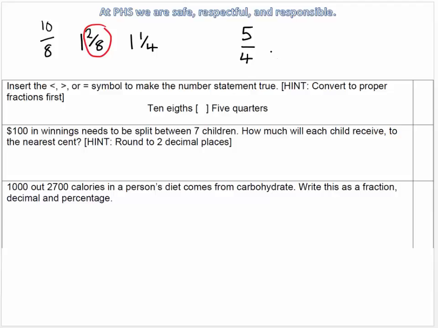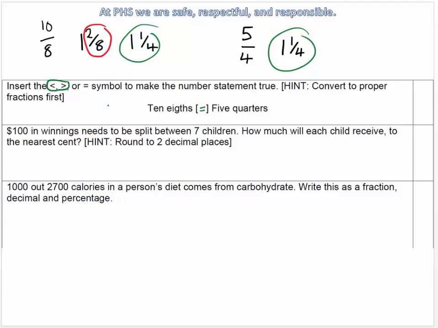Now, as a proper fraction, well, 4 goes into 5 once, with 1 remainder, and we're dividing by 4. So as you can see, these two things, well, they're equal. Okay, so we need to put an equal sign in there. Now, actually, I'll wait for a second. We'll go over the less than or greater than symbols shortly.